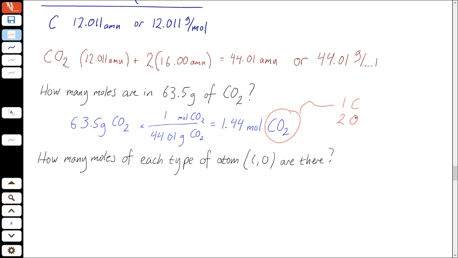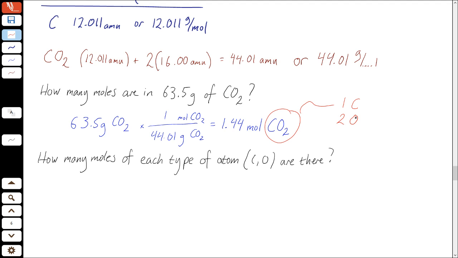If we forget moles and we just think about counts, if you have one carbon dioxide molecule, how many carbon atoms do you have? One. If you have 100 carbon dioxide molecules, how many carbon atoms do you have? 100. If you have a dozen carbon dioxide molecules, how many carbon atoms do you have? 12, also a dozen, right?